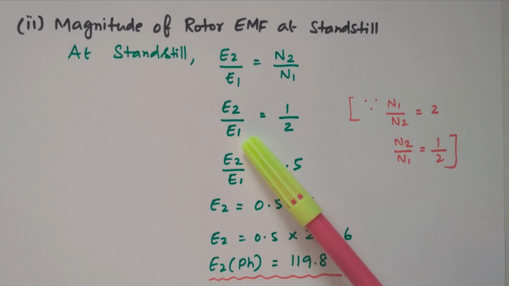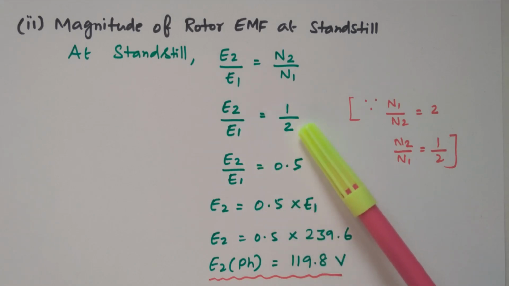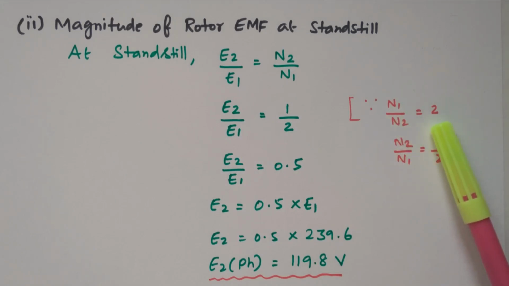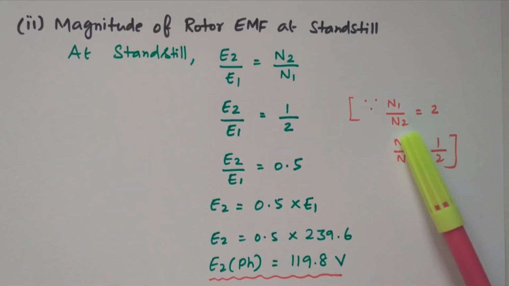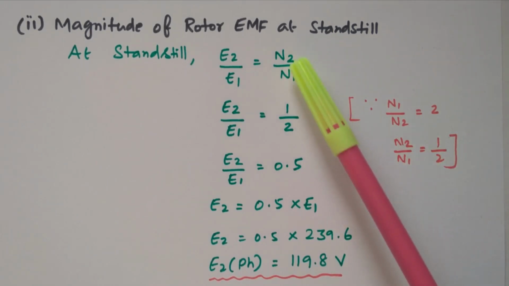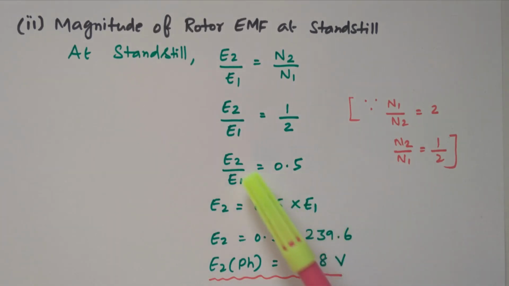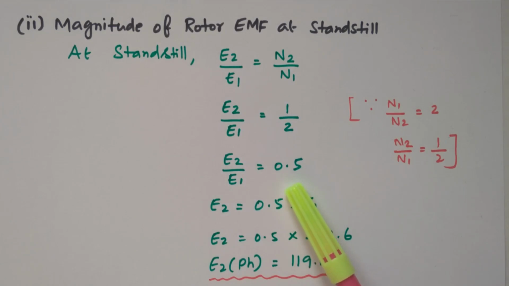So E2 divided by E1 equal to 1 by 2, because N1 by N2, the ratio of stator to rotor turns, is given as 2. N1 by N2 is 2 means N2 by N1 we take the reciprocal, that is 1 by 2. So we can replace N2 by N1 equal to 1 by 2, which means 0.5. E2 divided by E1 equal to 0.5.